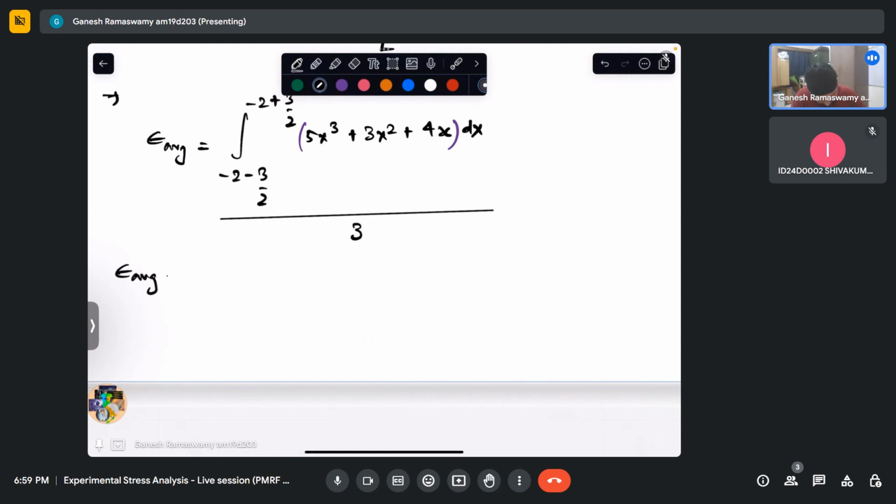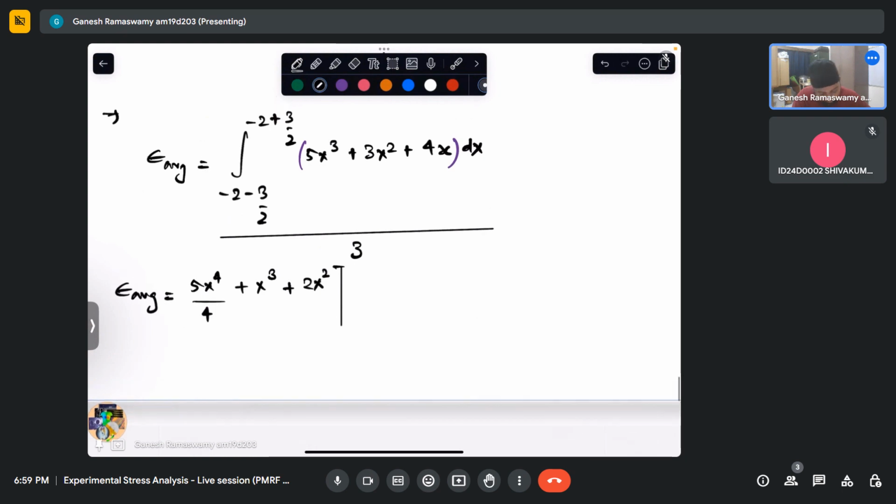So the average would be 5x to the power 4 by 4 plus x cubed plus 2x squared. And this we will take over the limits, and the entire thing has to be divided by 3.